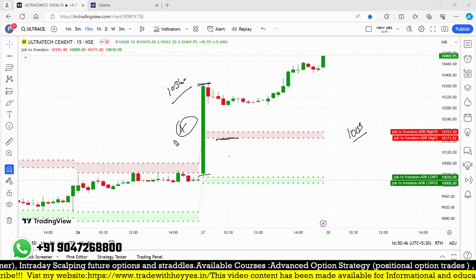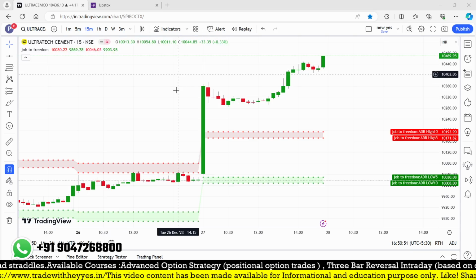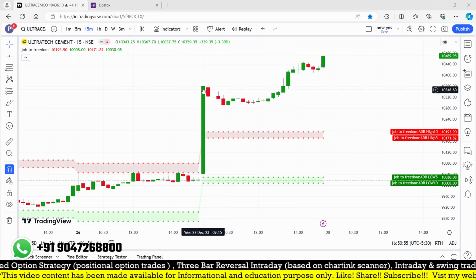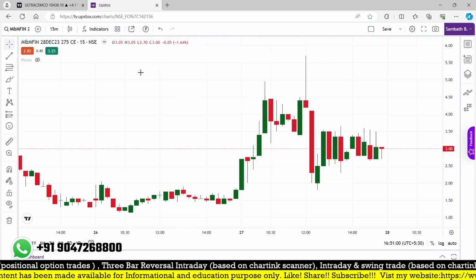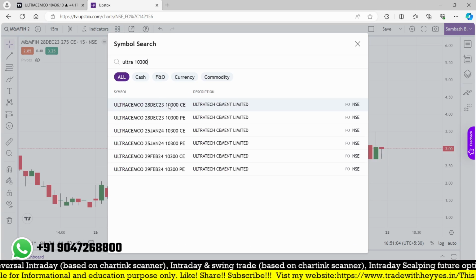So let me check this in an option. The closing price of this particular first candle is something around 10,359, so maybe 10,400 or 10,300. Let me go for the Ultratech 10,300 call option.